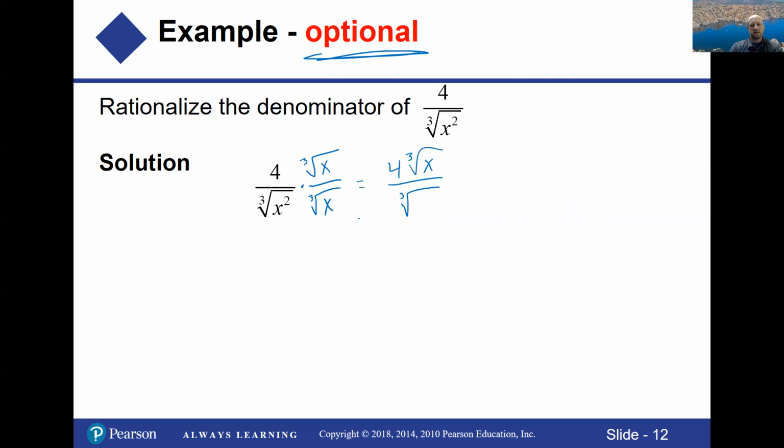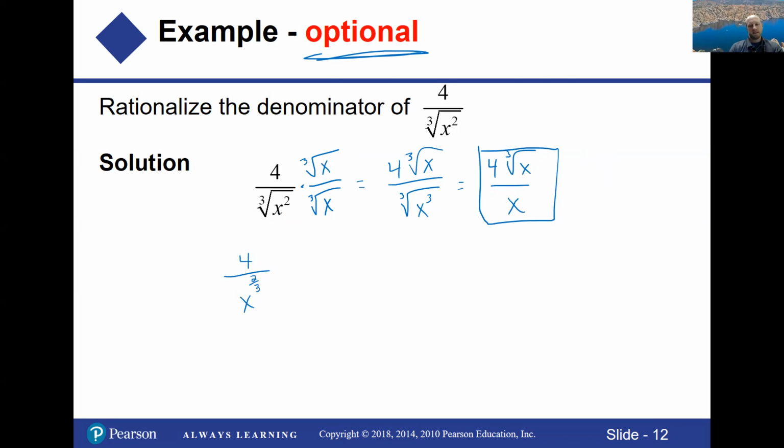And when you do it like this, you get the cube root of x squared times x is x to the third. And then I know that the cube root of x to the third is just x. So this is actually completely simplified. The other way to think about it is if I write this as 4 over x to the, remember how to change those?